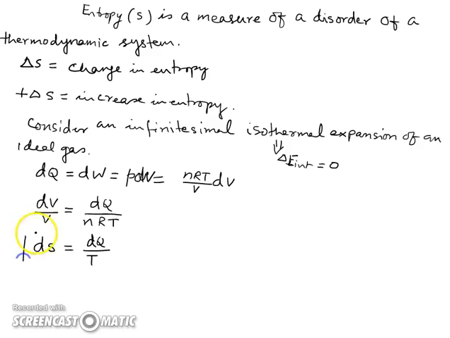So this is the first mathematical relationship between the change in entropy and the amount of energy supplied at a temperature T, right?